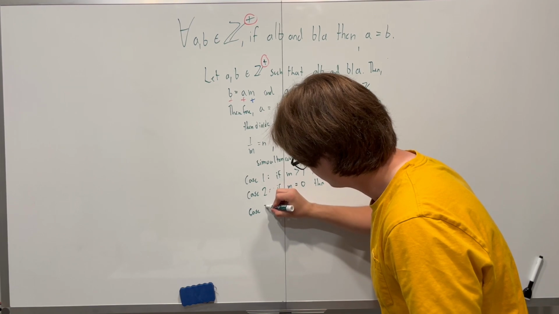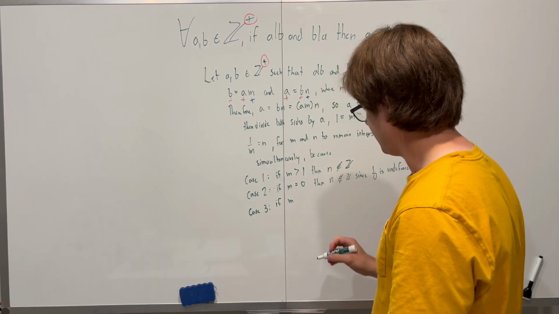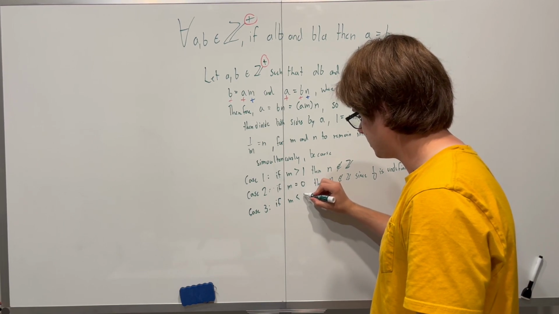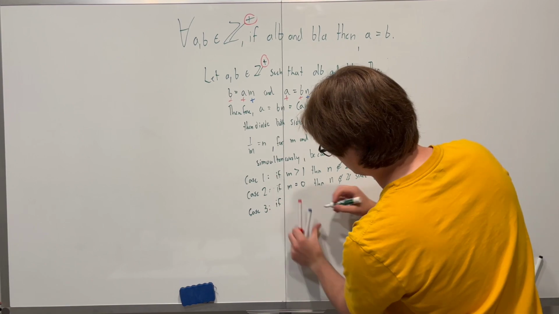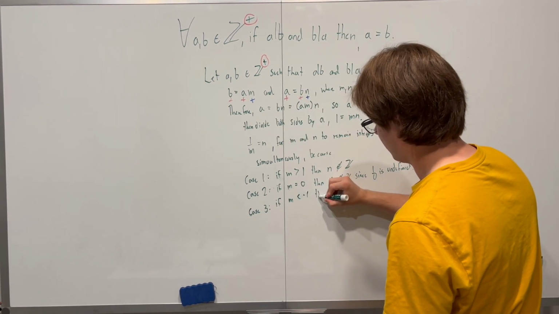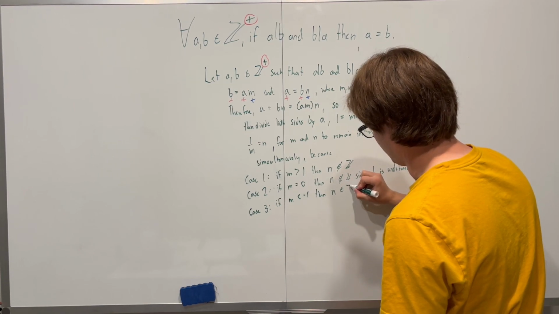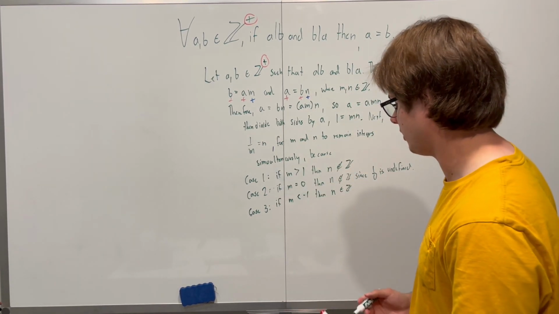Case 3 is if m is less than 0. We find that if m is less than -1, then n is not an integer, because n becomes just a negative fraction. So it just mirrors case 1.